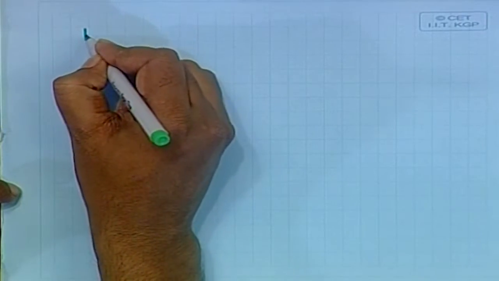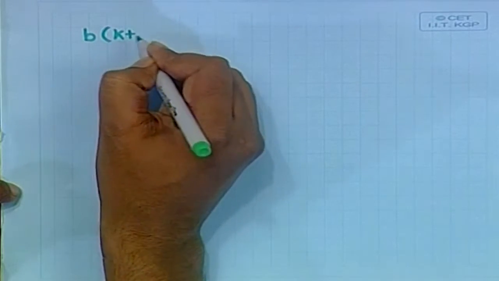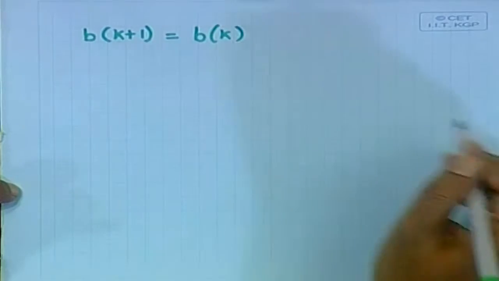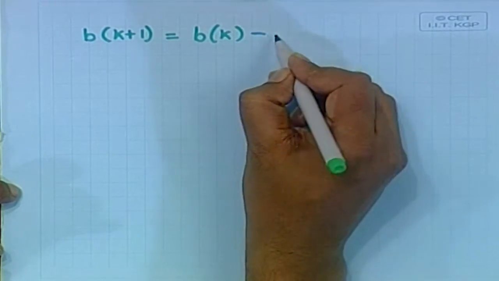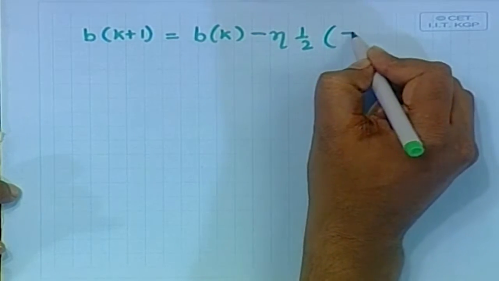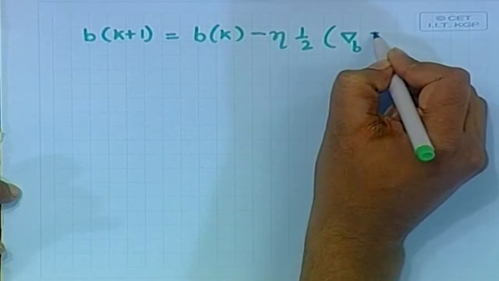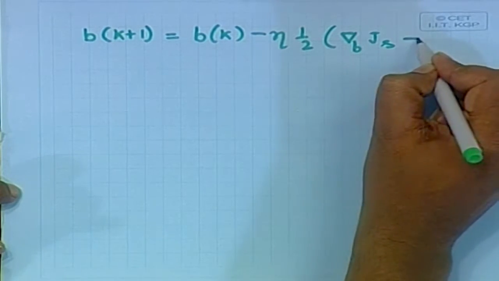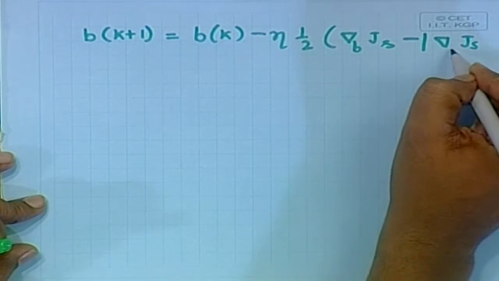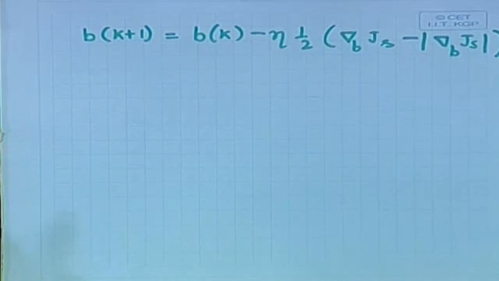So, at every iteration I can have b(k+1), which is the same gradient descent procedure: b(k) minus eta, the rate of convergence, times half of the gradient of Js with respect to b minus the modulus of the gradient of Js with respect to b.